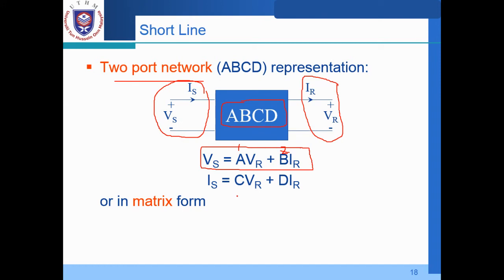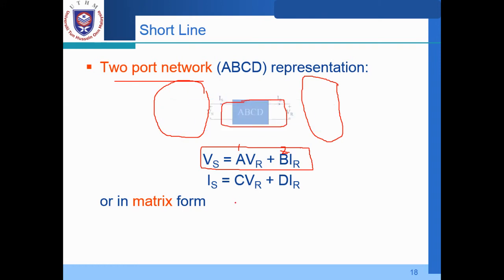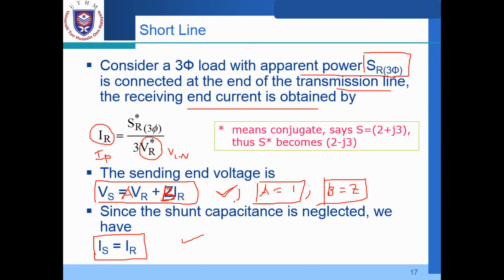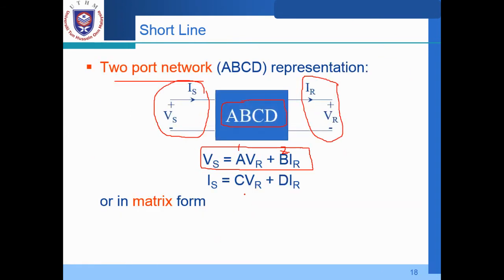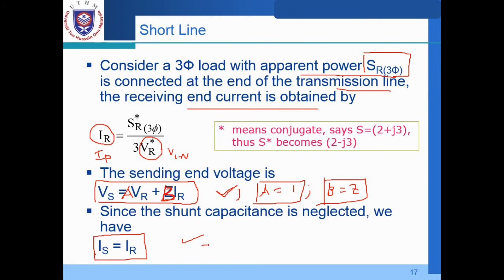Again, from the second equation, if you compare, I_S is equal to C V_R plus D I_R. Okay, so let me write in full.